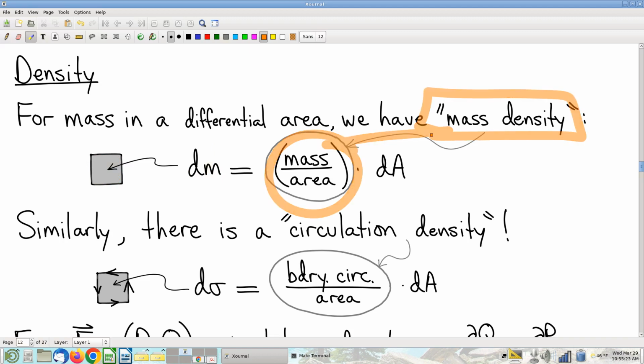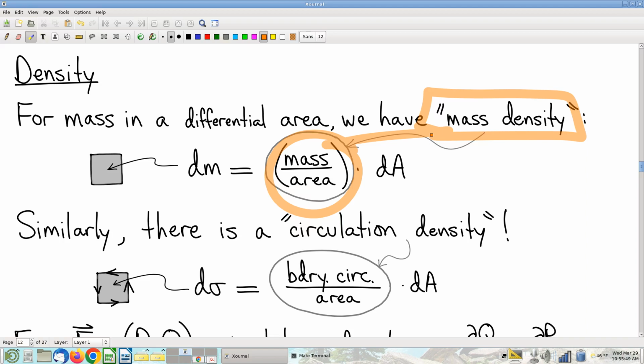And I want to remind y'all that we've talked about various different kinds of density. We've talked about population density. It's not literally how dense is the population, right? It's a quantity, namely how many people per unit area. In the same way that here we talk about quantity, namely mass per unit area.